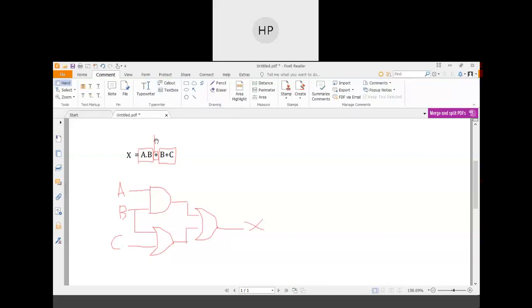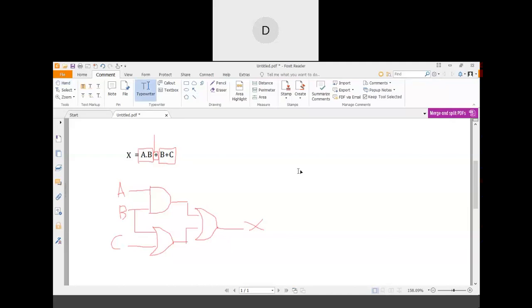Not digits. Each octal digit should be represented using how many bits? 3 bits. Yes.